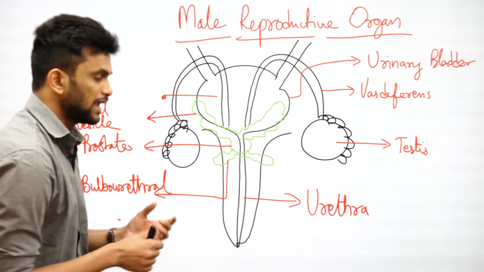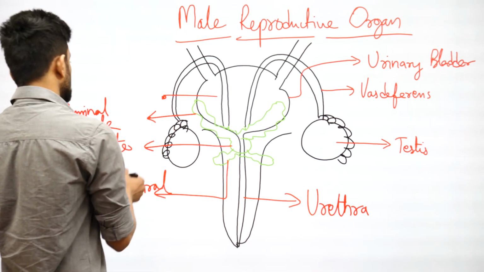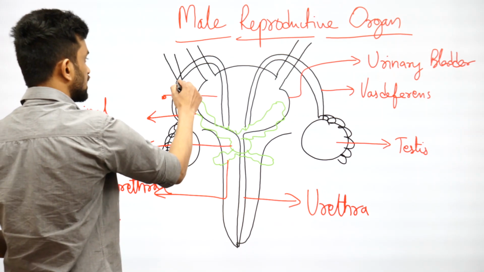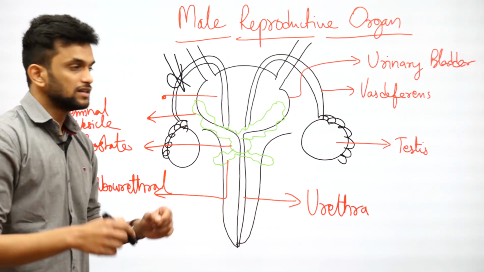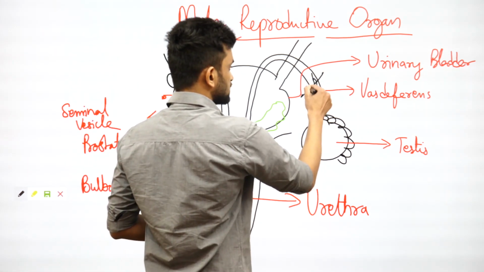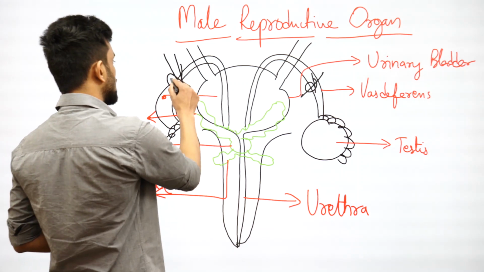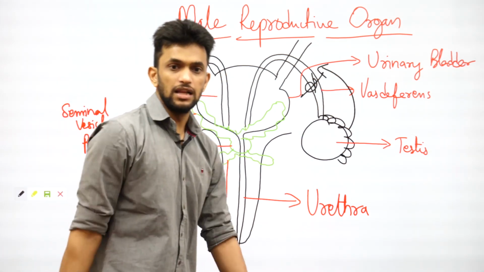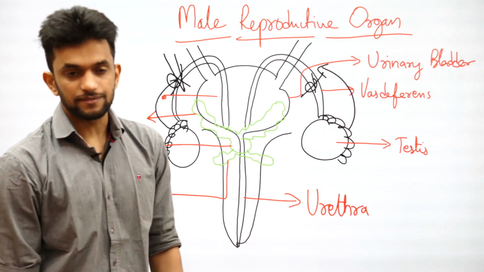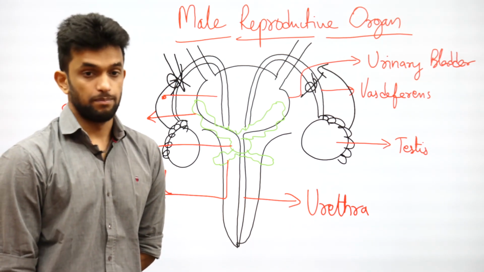In case of male vasectomy, the vas deferens here is given a cut, or it is ligated or tied. So the sperms cannot travel. Will fertilization take place? No, fertilization won't take place.